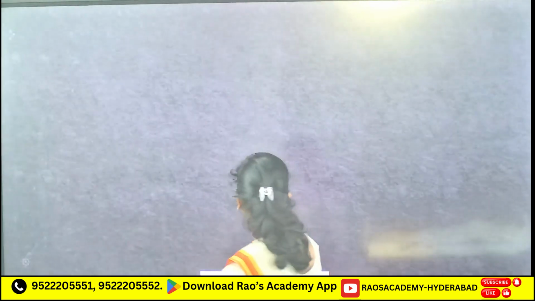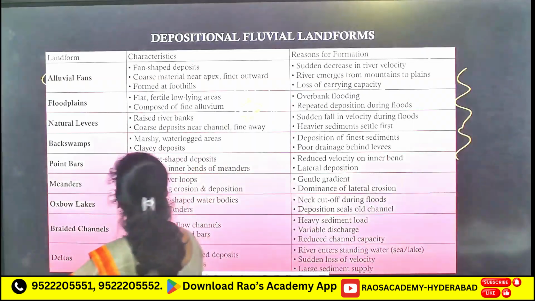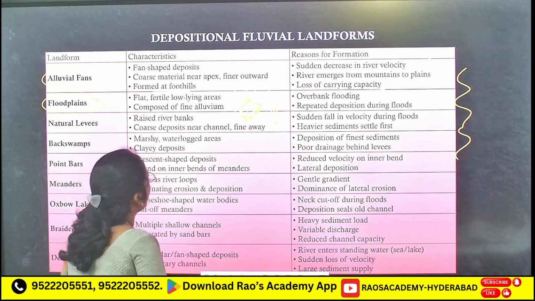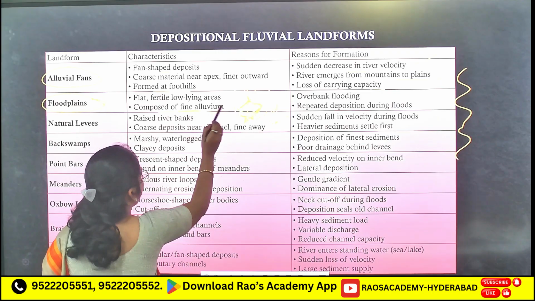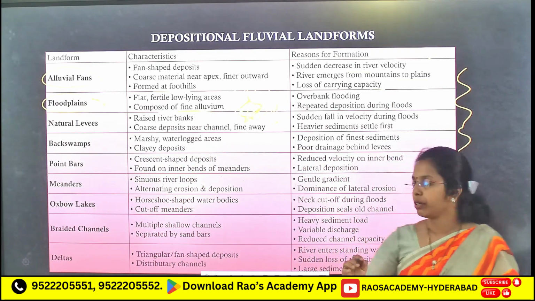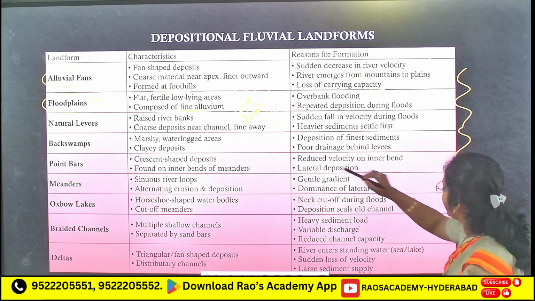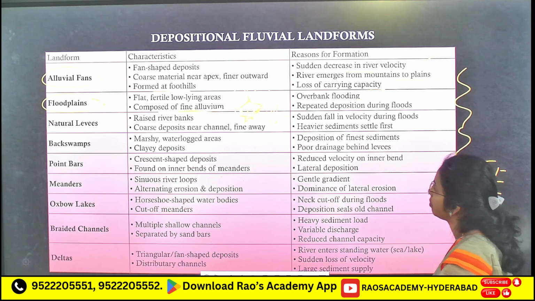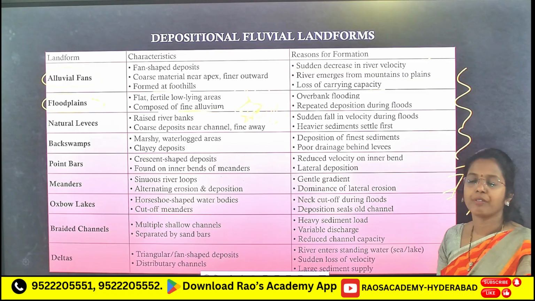Next, floodplains: flat, fertile, low-lying areas composed of fine alluvium. Because of overbank flooding you will see floodplains at the banks of the river, composed of fine alluvium, with very fertile soil.